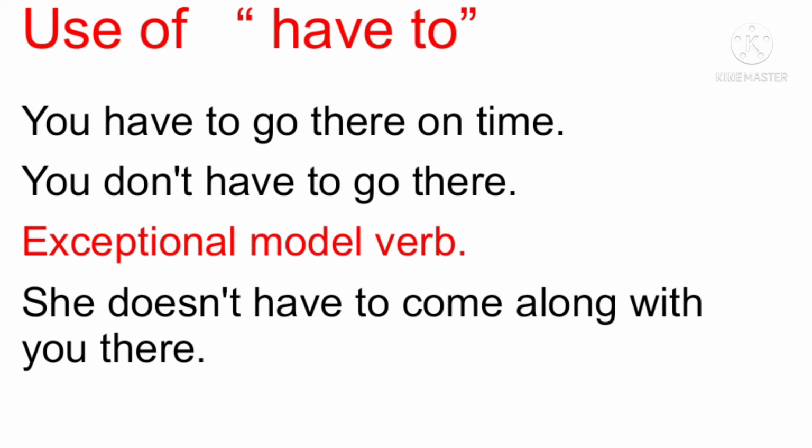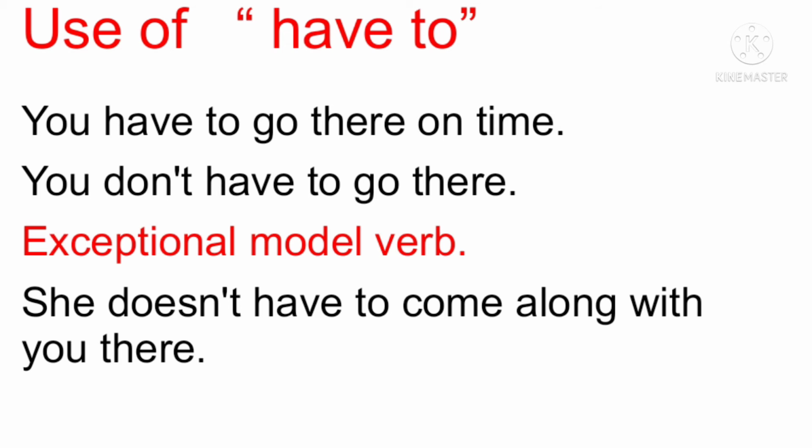With "have to," you can add an extra negative word like don't, doesn't. You don't have to go there. She doesn't have to come along with you there. So this is exceptional in the case of the modal verb "have to."